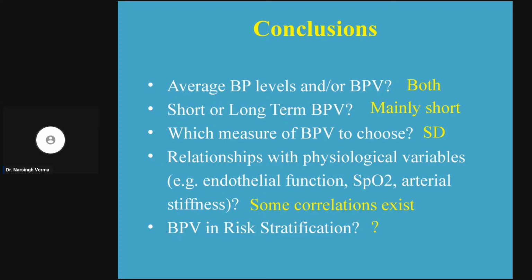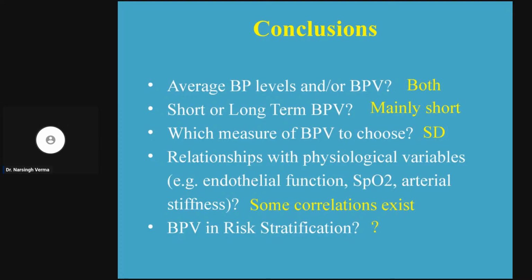So where the studies we have today stand and what we need can be known from this slide. Average BP levels and blood pressure variability both are important. Short term, long term, mainly short term is important, but long term is also important. Which measure for blood pressure variability?